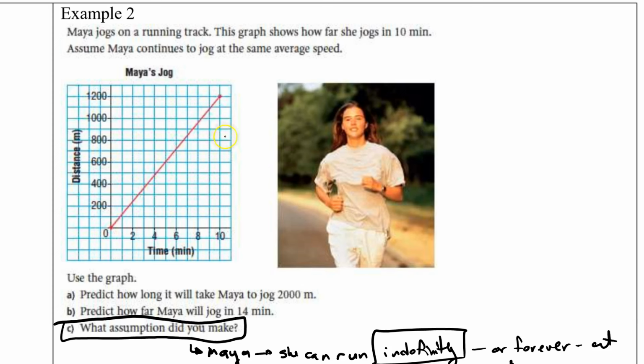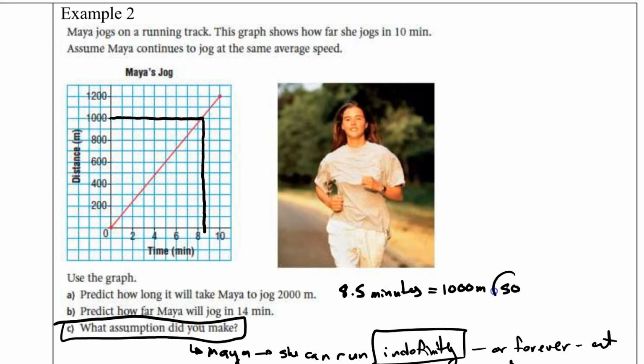So if I go here and I find my 1,000 meters, see where it hits the line? I'm going to go down like this. So I'm saying about 8.5 minutes equals 1,000 meters.